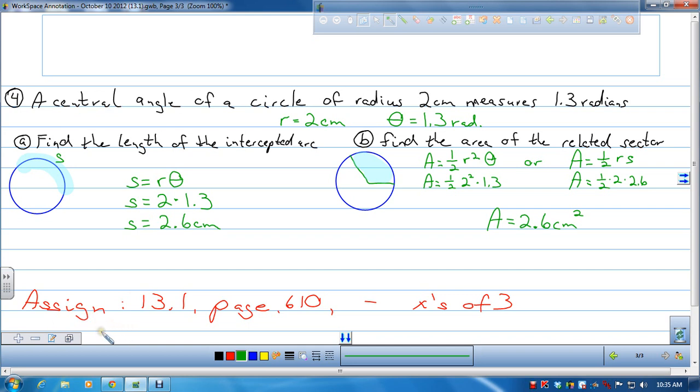Now, we'll do a little activity in class when you come back, and then you will also be assigned the following. Lesson 13.1, page 610. We will do the multiples of 3 for 3 through 60 in that section, starting on page 610. So I hope this went okay and you understood this.